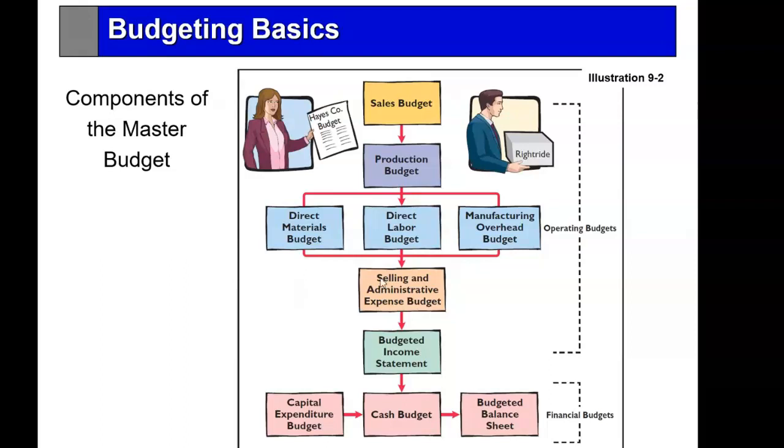The production manager then determines how much is required in the way of direct labor and the variable overhead and the fixed overhead that will be incurred in the production of the product. So these are product costs. There's your three product costs: direct material, direct labor, and overhead.